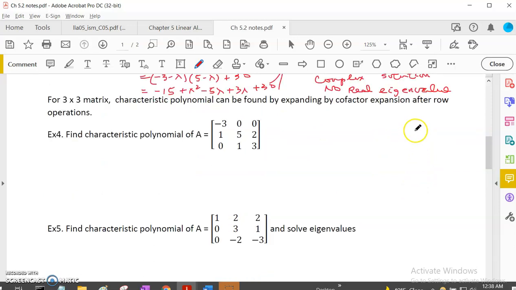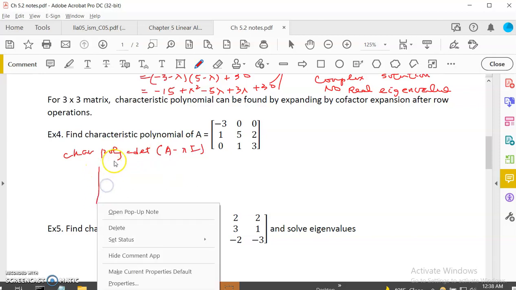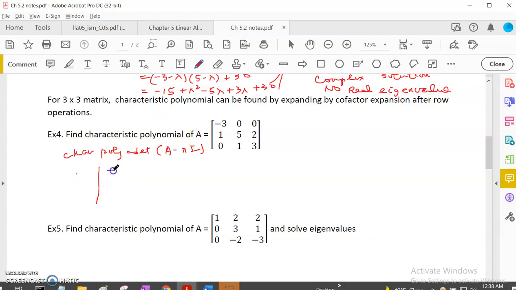Okay, so let's do more for a 3 by 3 matrix. This is exactly the same thing. So the characteristic polynomial is the determinant of A minus lambda I. So that means the determinant of the matrix with entries negative 3 minus lambda, 0, 0, 1, 5 minus lambda, 2, 0, 1, 3 minus lambda.